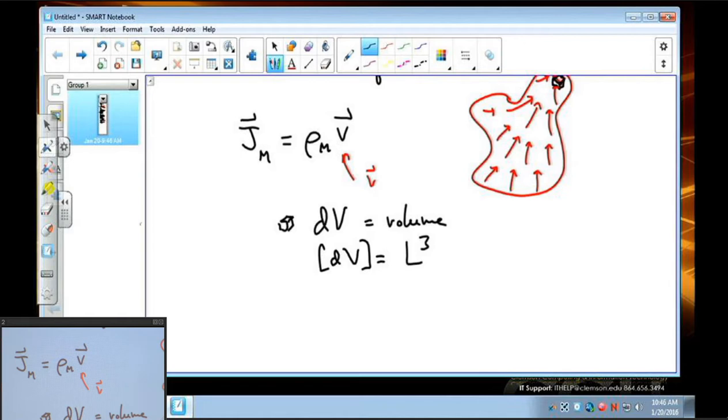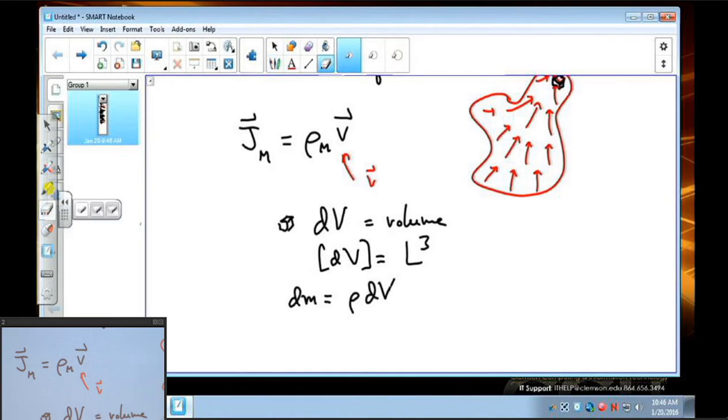Okay. And now how much mass is in that little volume? Well, there's going to be a very small amount of mass. A very small measure of the mass. If I measure the mass inside of that volume, that's a little m there. Again, remember the primary definition of mass is resistance to the impetus.